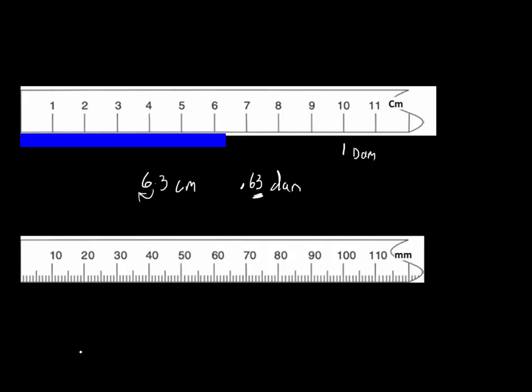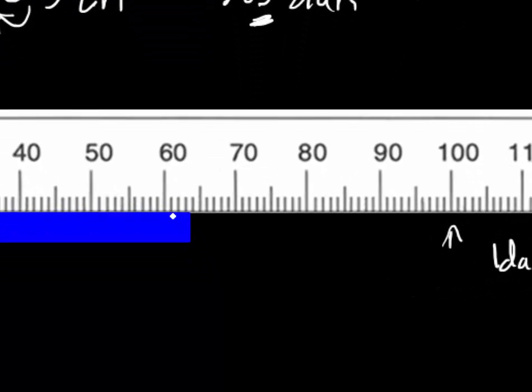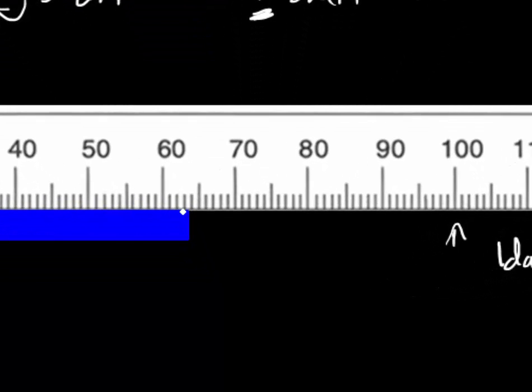If I go even more precise, and now instead of dividing it up into 10 different measurements, I'm dividing it up into 100. So now I have a millimeter scale, and so 1 decameter here is 100 millimeters. Then when I make this measurement, I can get even more precise, and so now I can see that my measurement up here, 0.63, was a little bit off because I have 0.61 or 61, 62, 63.